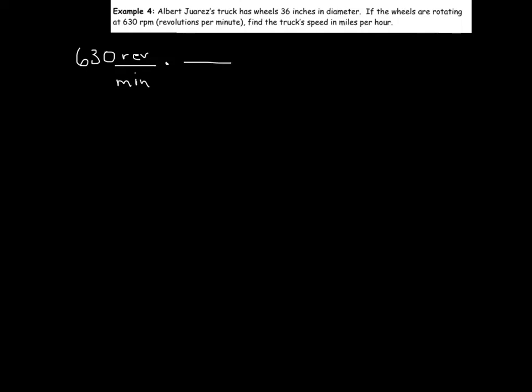If I do that, we know that there's going to be 60 minutes in 1 hour. And hey, that is done. Because what did we want? We wanted hours to be on the bottom, and we've already accomplished that. So now we need to get miles on the top. The key to this problem is right here: understanding that 1 revolution of a wheel is equal to the circumference.